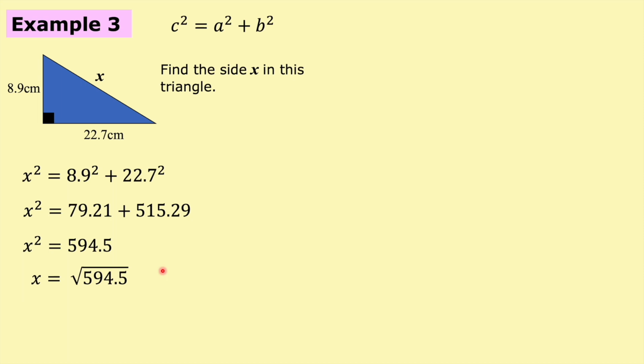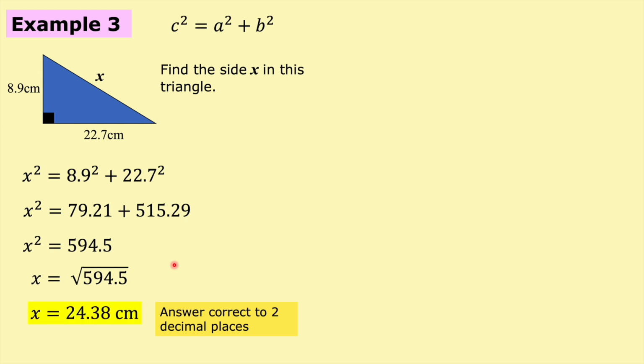And once you do that, you will get a big long decimal number, most likely, well, definitely if you're squaring a decimal number. But we want to give our answers correct to 2 decimal places, so really be careful with your rounding here. Make sure you're rounding it correct to 2 decimal places, and for this question we'll get 24.38 centimetres.